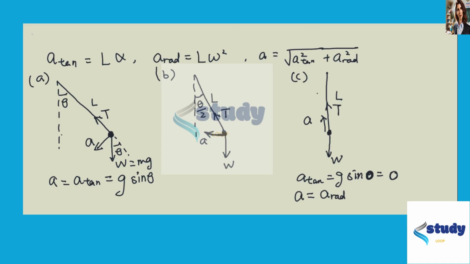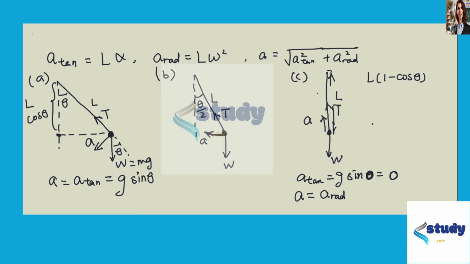So here, this distance is L cosine theta. This distance here is L, right? So the height difference is going to be L times 1 minus cosine theta.